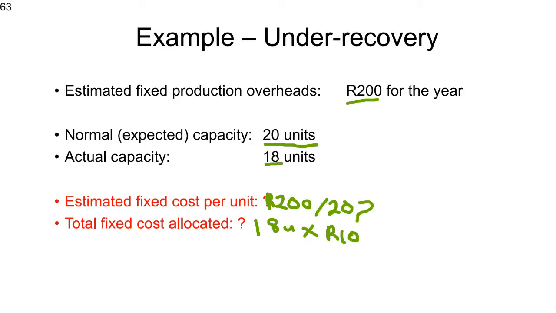And that's going to give us 180. Everybody on track? So far, anyone lost? You don't understand how we got the 180, or how we got the 10 Rand? Okay, so everyone's comfortable so far.